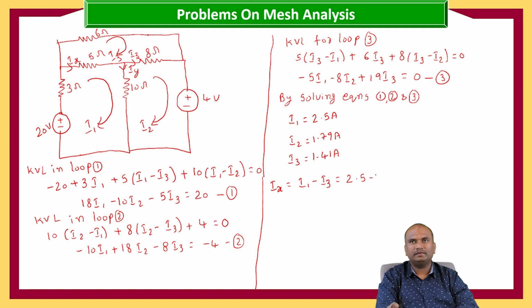2.5 minus 1.41, which is equals to 1.09 amperes.